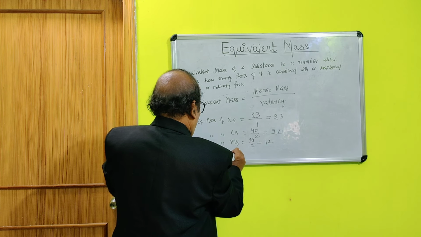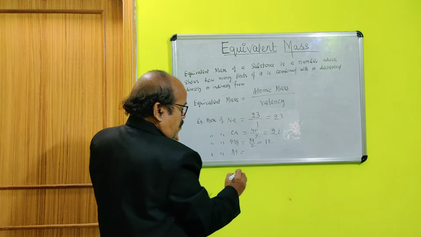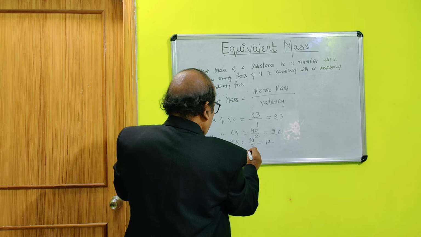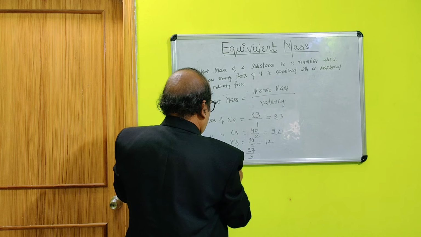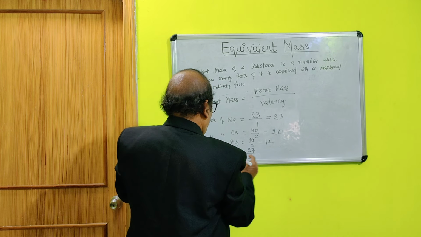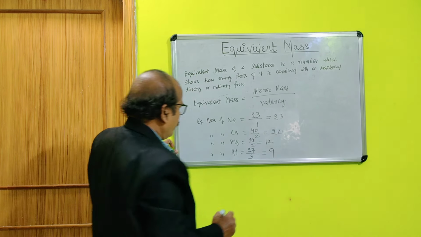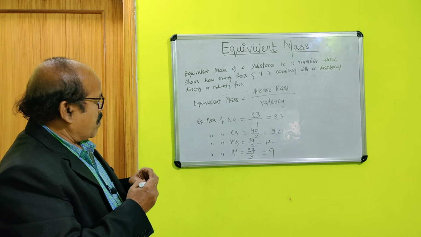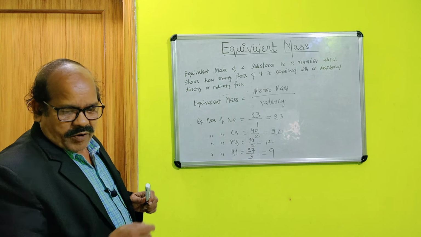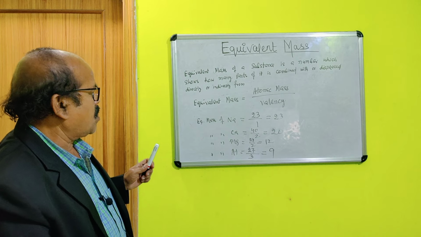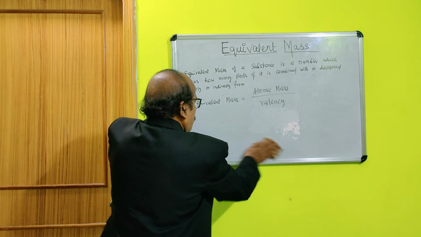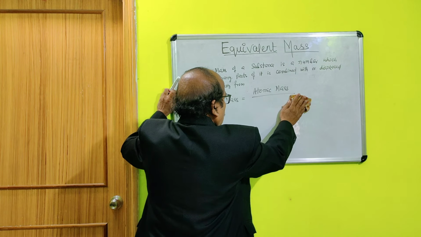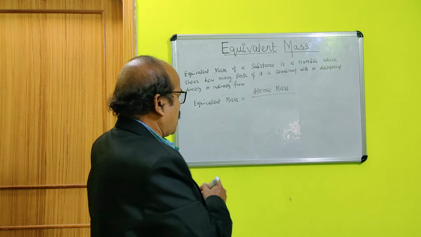Equivalent mass of aluminum is 27 by 3, because the valency of aluminum is 3, hence 9. In this way, equivalent mass can be determined using the formula: equivalent mass is equal to atomic mass by valency.